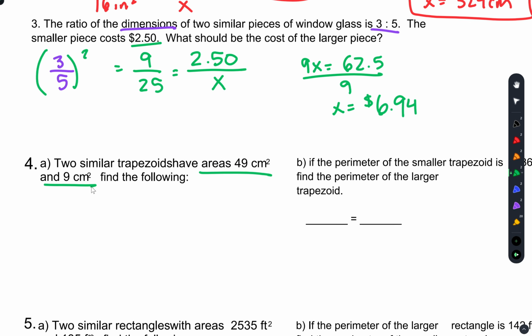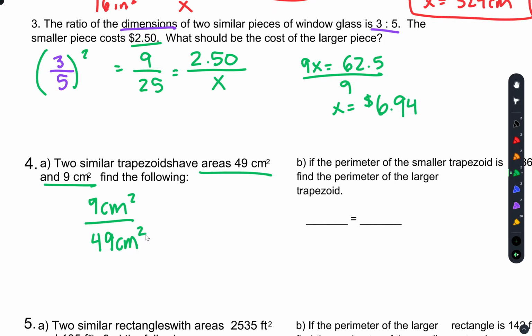So I'm going to set up my area ratio first. And then I'm going to figure out the ratio of the sides because I go from areas to side lengths.